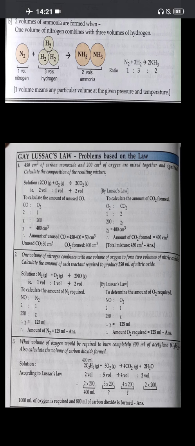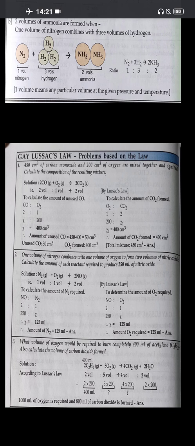How do you write it? Oxidation or burning of any hydrocarbon in excess of air gives you carbon dioxide, water vapor, and heat energy. So I write the equation 2C2H2 plus 5O2 gives you 4CO2 plus 2H2O. Now, according to Gay-Lussac's law, what is the ratio? 2 is to 5 is to 4 is to 2.